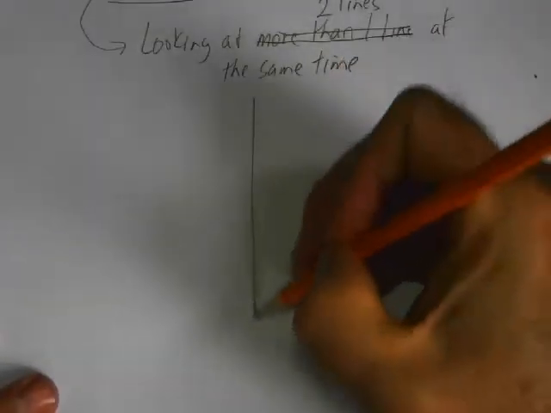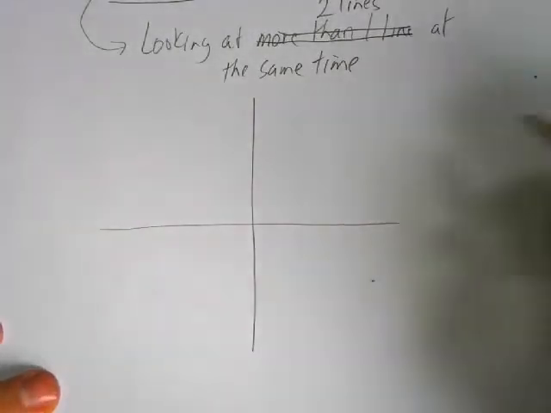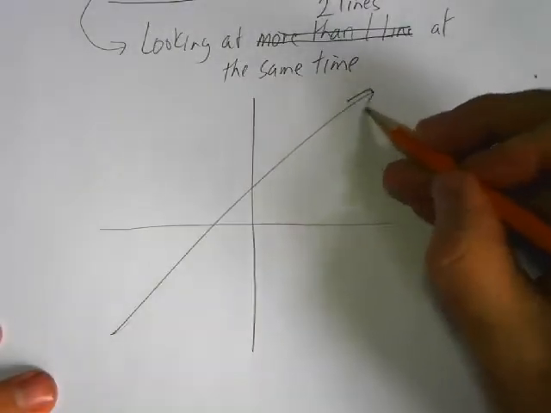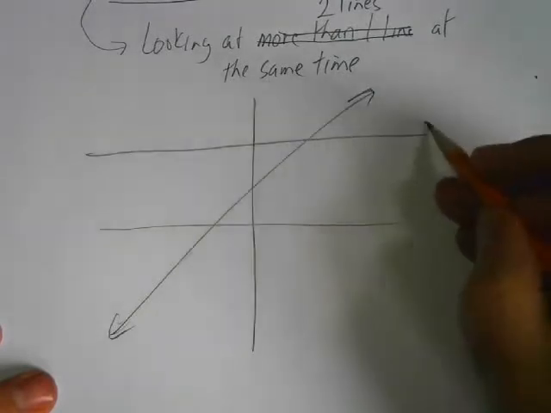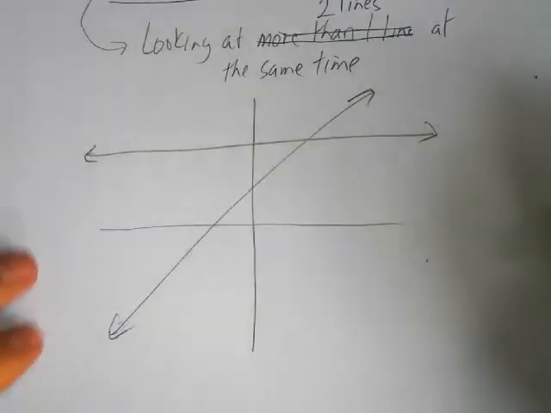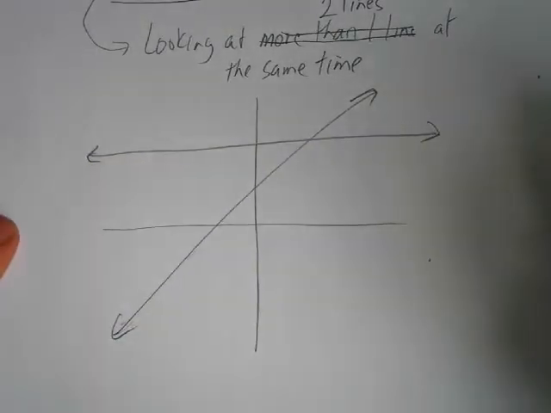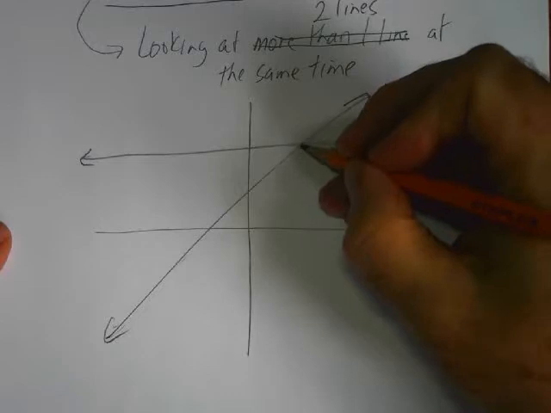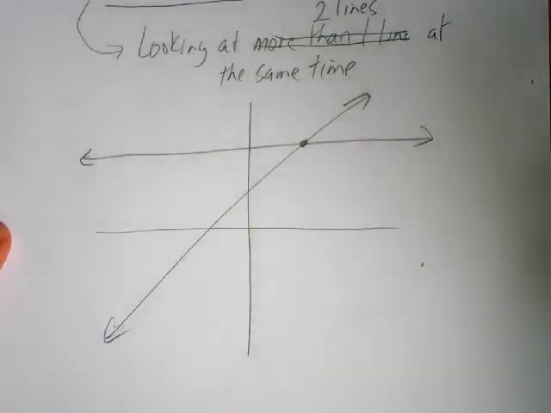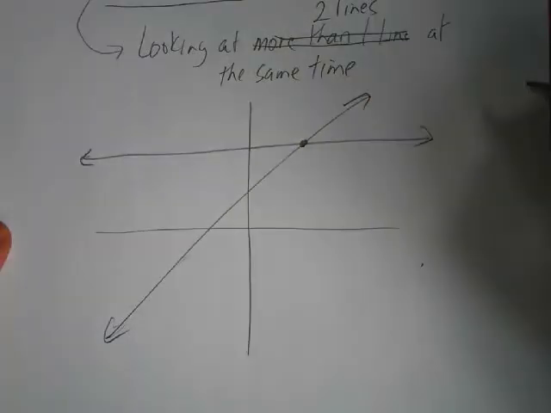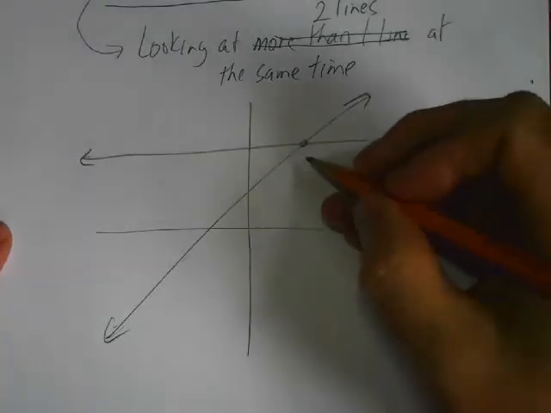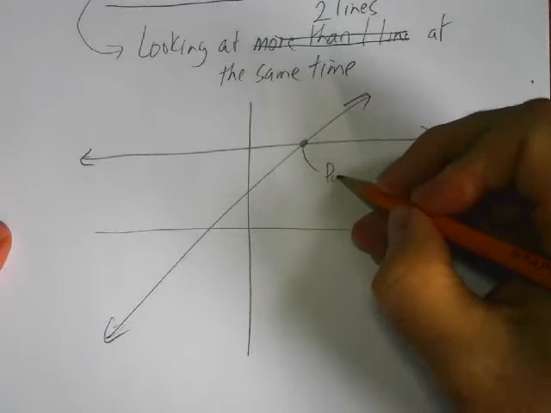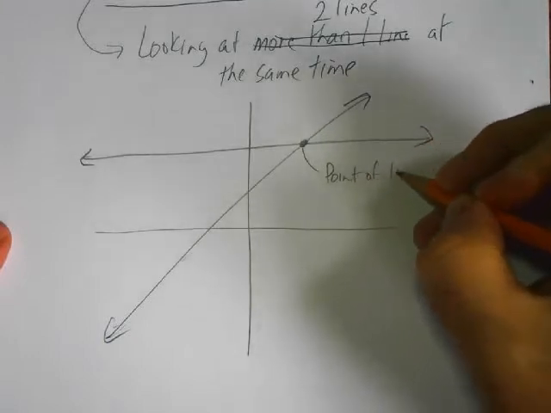So if you were to graph something like 2 lines, you know what a line looks like, so maybe that's one line and here's another line. Okay, so in terms of anything interesting that you don't see when you just have one line, the only real new thing is where do the lines meet. The lines usually will meet at one place, and we call that point the point of intersection.